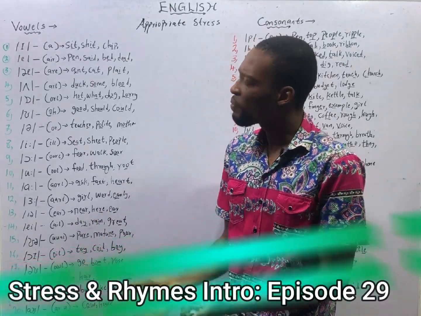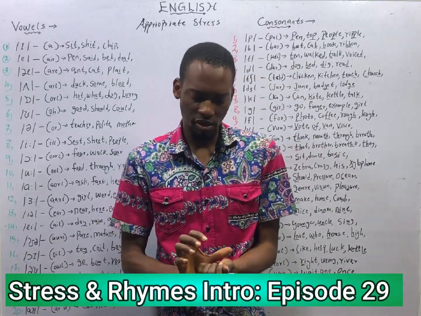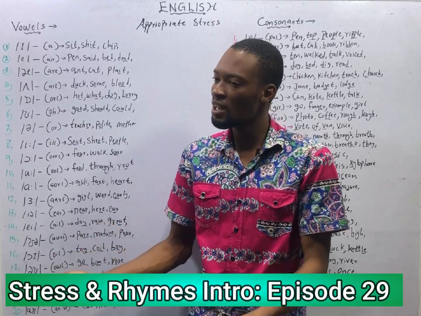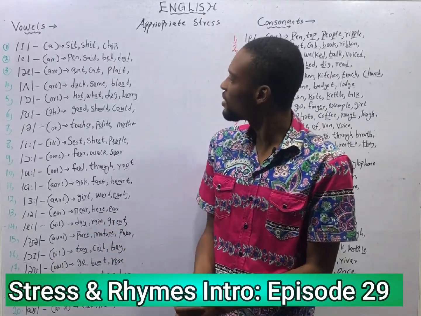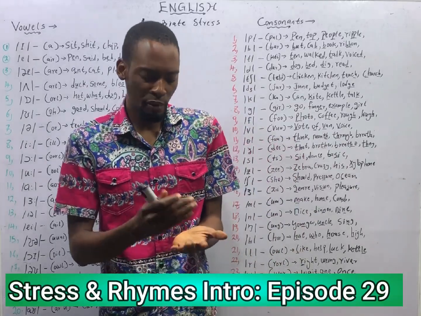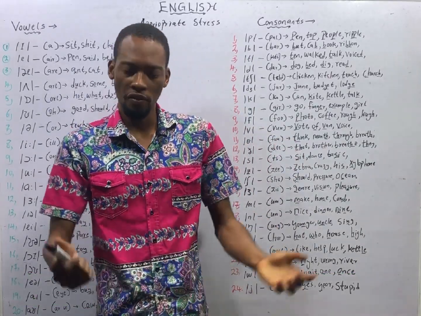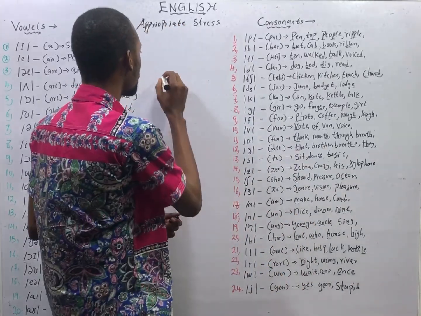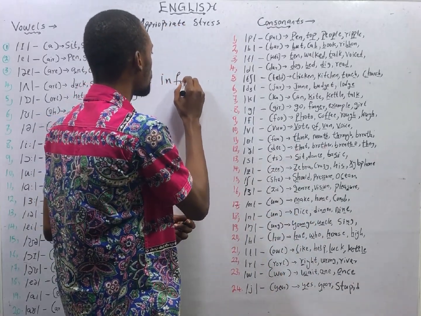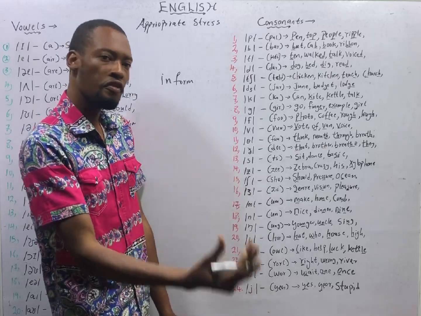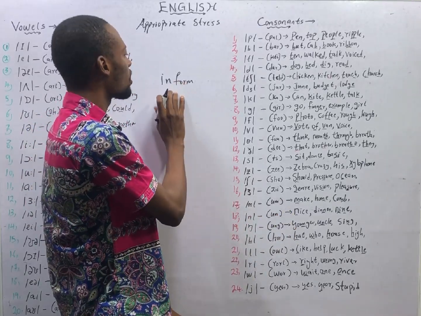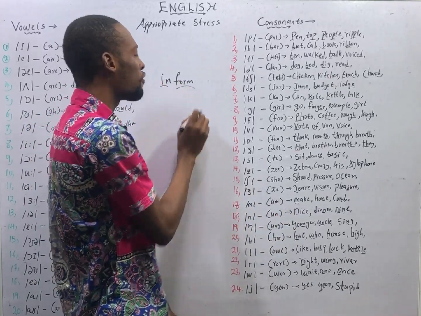In the previous episode, where I talked about stress pattern and rhymes, I was able to establish that words are broken down into syllables. Syllables are the units of words. If I say "inform," you see that this word can be broken down into "in" and "form."